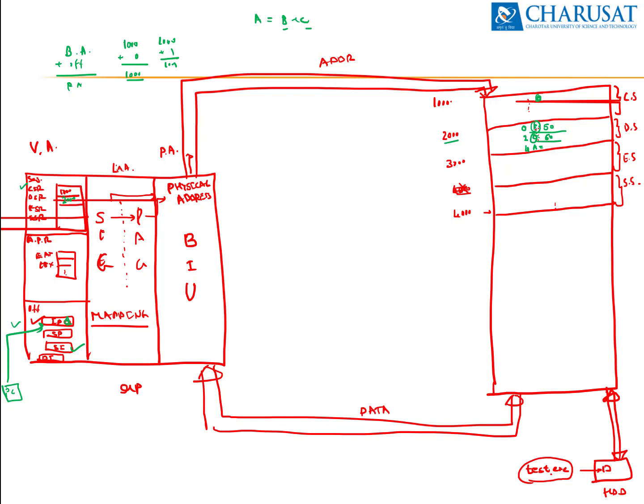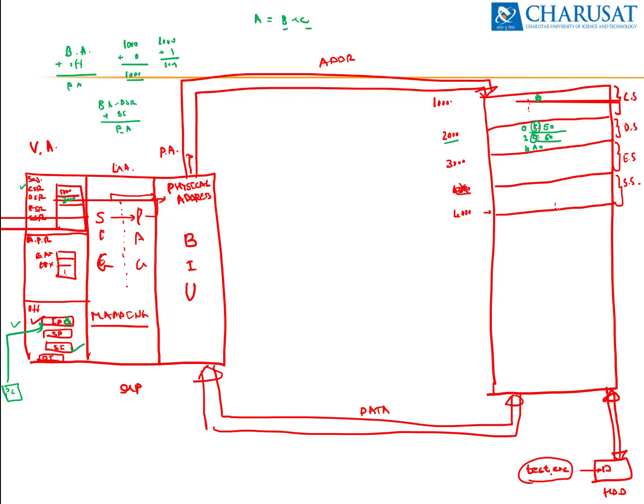So these are the relative locations of B, C, and A. So SI will contain 0. The base address of DSR plus SI are added together to generate the physical address. So 2000 plus 0 becomes 2000. To fetch the value of C, 2 is added, which becomes 2002. B and C will be fetched from memory to the microprocessor into the respective EAX and EBX registers. This is how the microprocessor gets each and every address from the code segment and data segment.